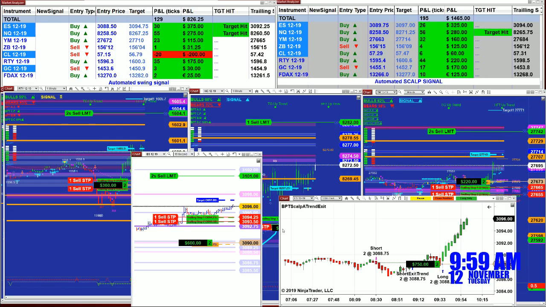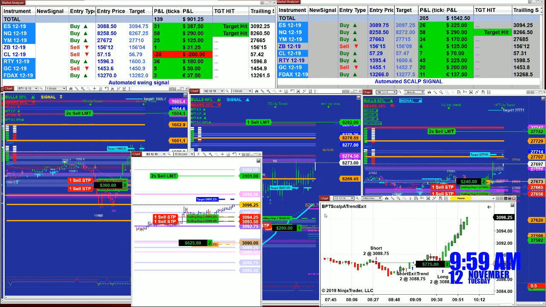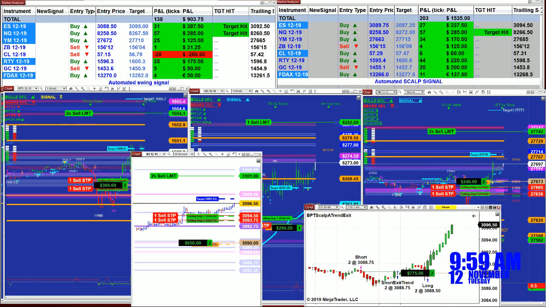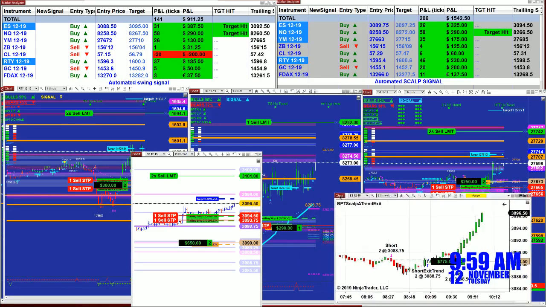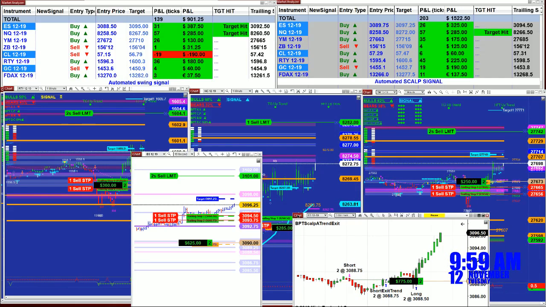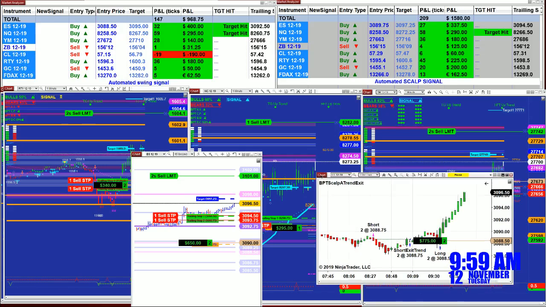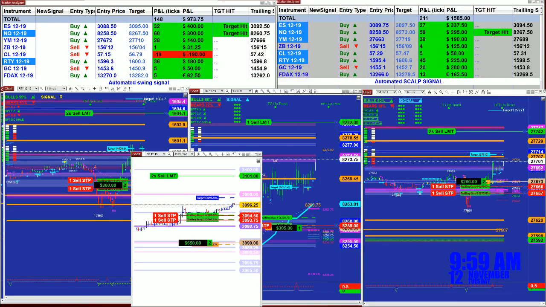I don't know where to squeeze all those charts, honestly, but we will try to. There is no room. I'm going to take it away. There is no room to squeeze anything in here anymore.